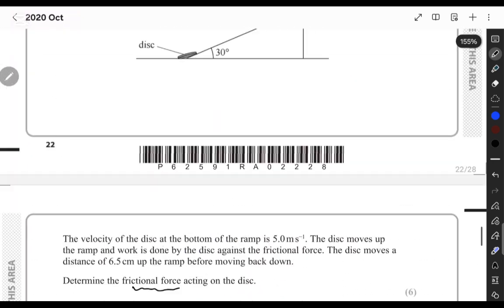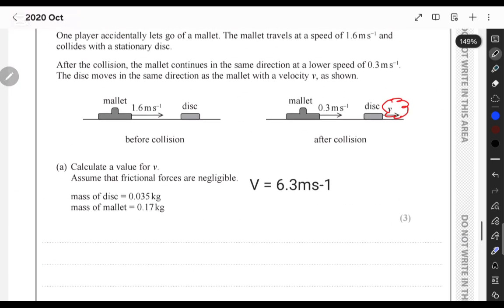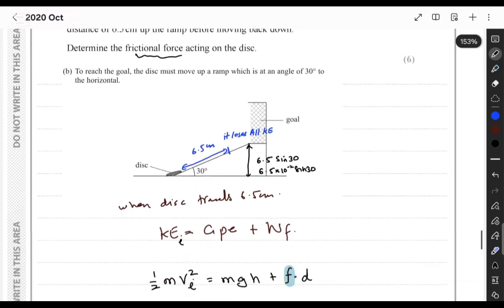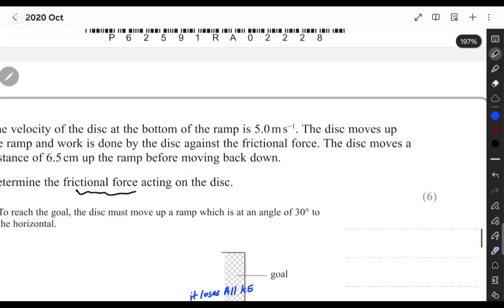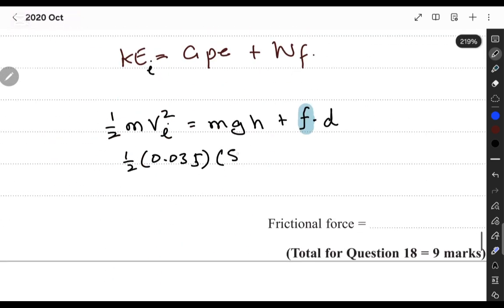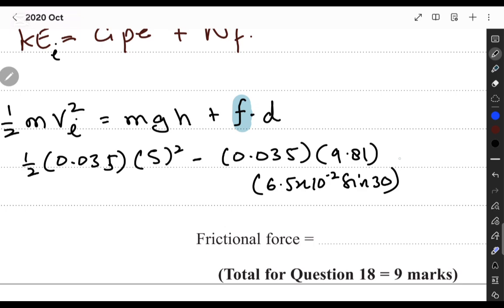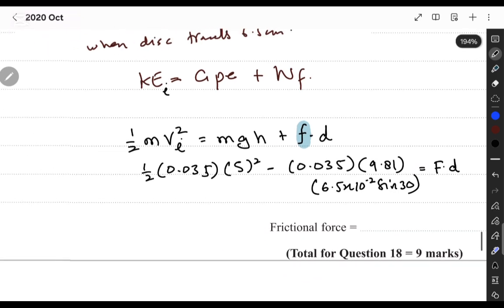And then I think they've already given us the mass in the previous part. Yeah, mass of disk is 0.035 kg. I've plugged in this value, and also the velocity they've given you at the start of the question, 5, so 5 squared. So this should all equal force times the distance traveled.